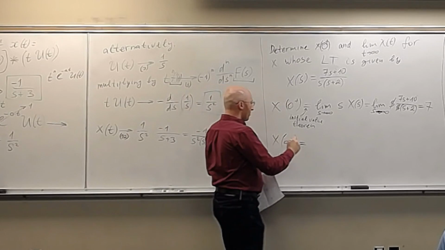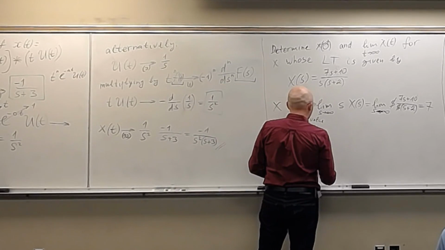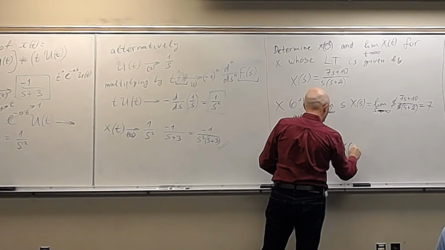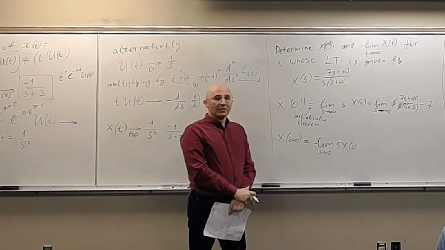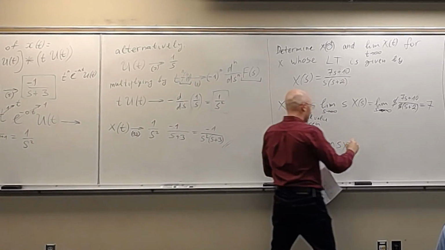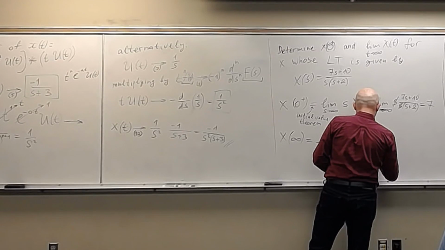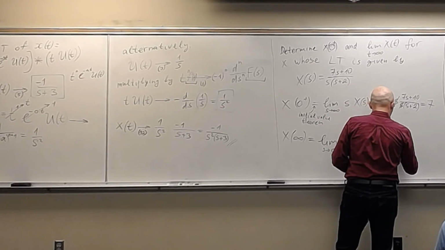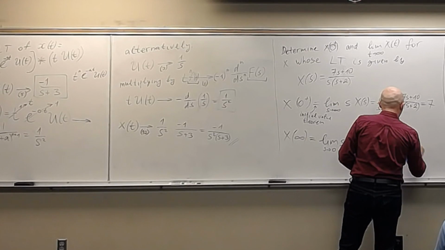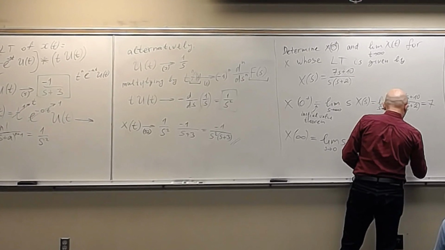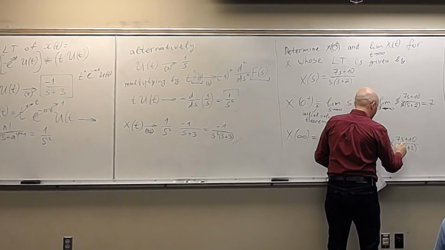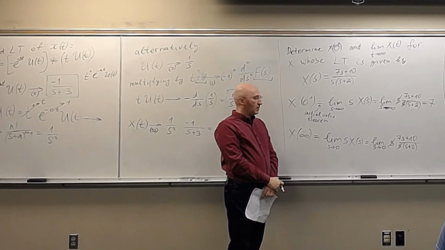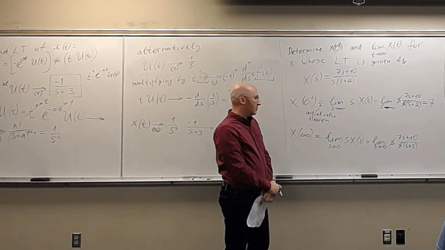This is a very similar limit, but s goes to 0. Again, s is cancelled, and now we're looking for a limit where s goes to 0. And what will be the number? 5.